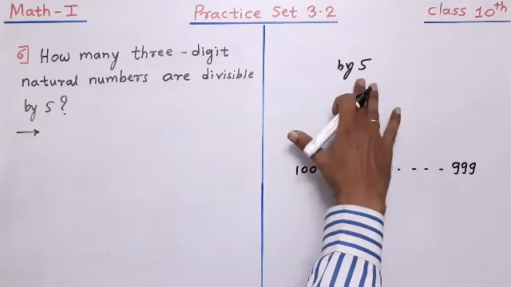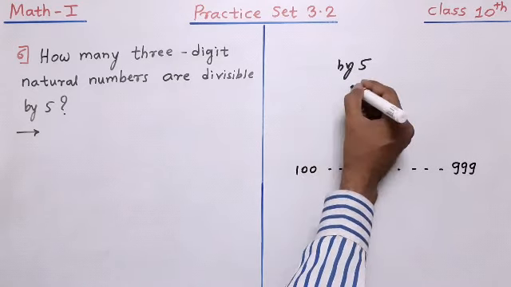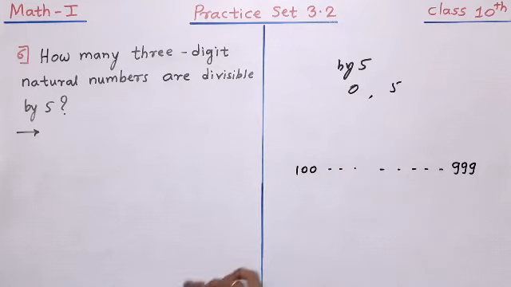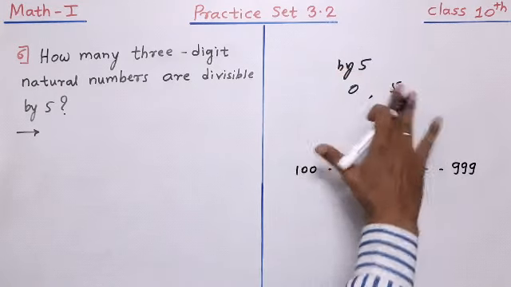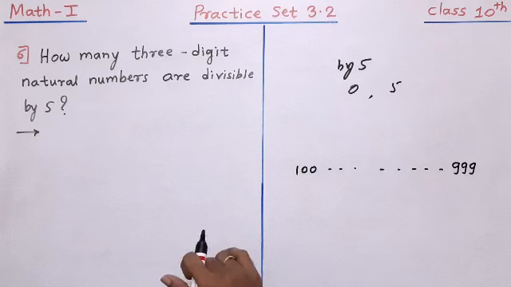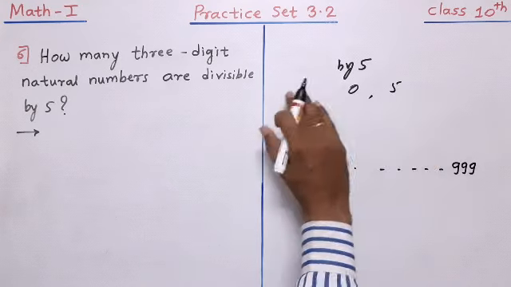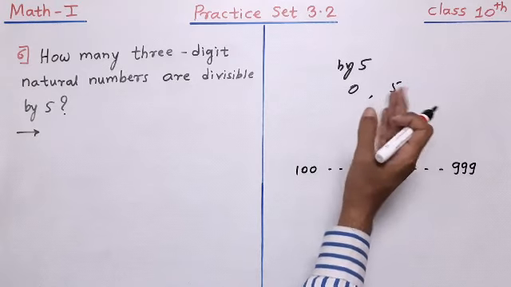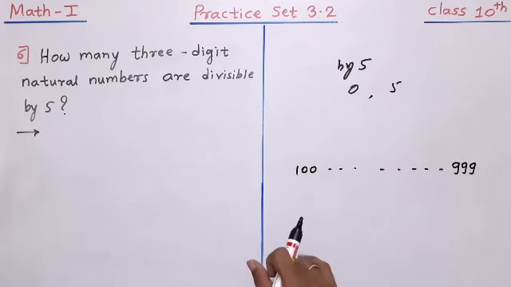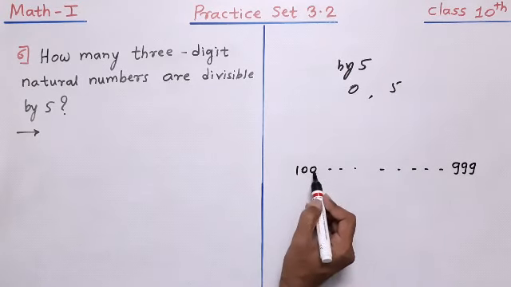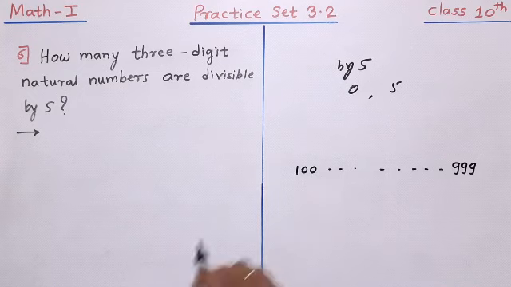The numbers which have 0 or 5 at the unit place are divisible by 5. That is the test for 5. I repeat again: if there is a 0 or 5 at the unit place, then that number is divisible by 5. So 100 has a 0 at its unit place, means it is divisible by 5.